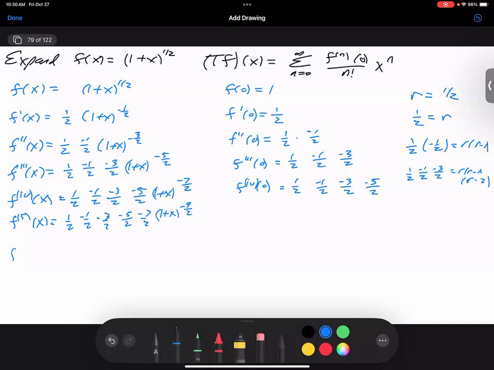So if I gave you the nth derivative, we have 5 terms with the fifth derivative, stopping at negative 9, which is just below 10. So what do you think this would be? It's going to be 1/2, negative 1/2, negative 3/2.